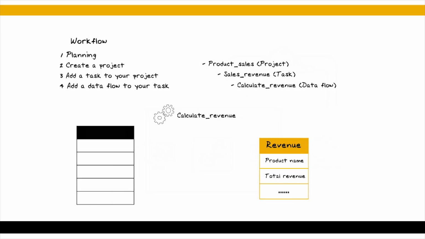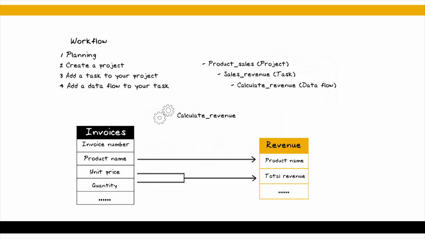The product name column can be mapped directly from the source table to the revenue target table with no changes, but we'll have to combine columns and do a little math to get to the total revenue column in the target. This is where the data transformation occurs. Data flows can handle filters, joins, aggregation, nested data, and more.